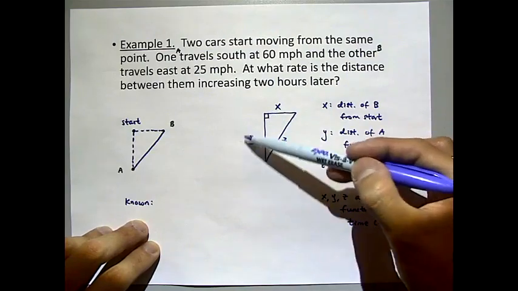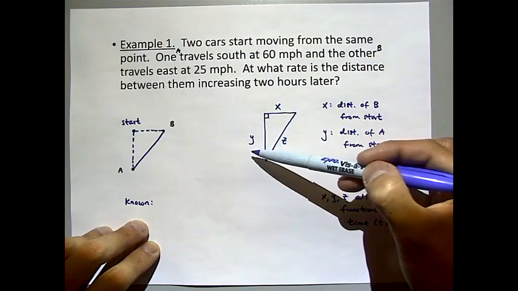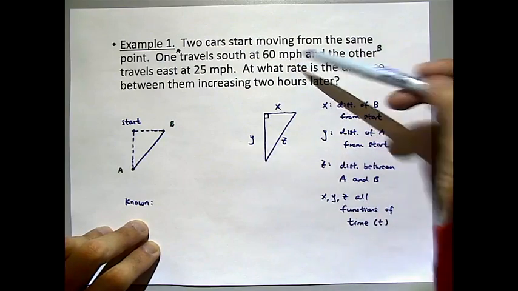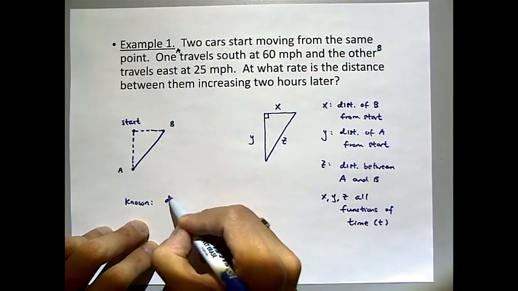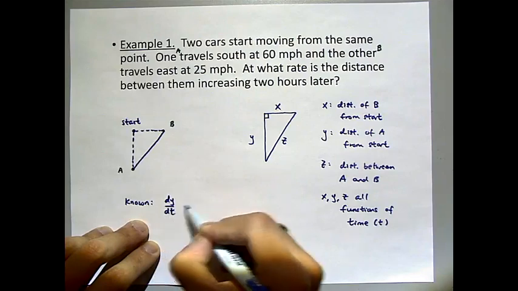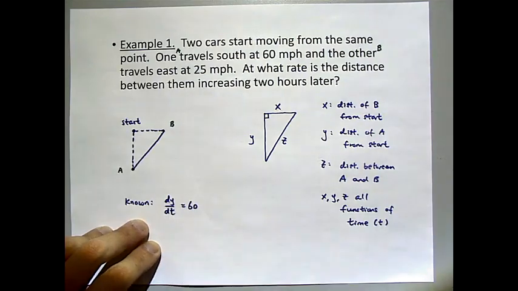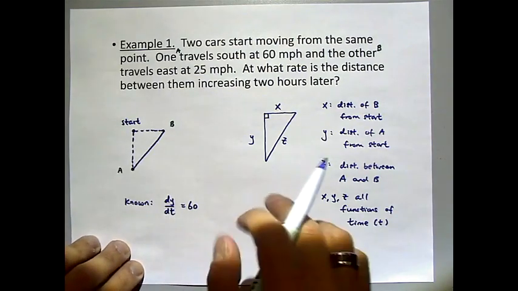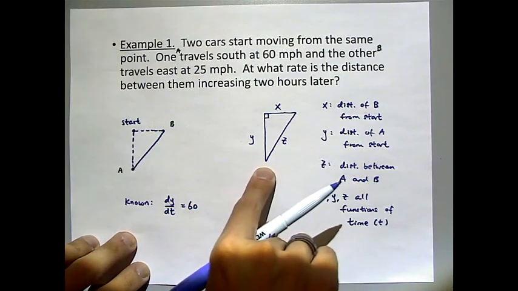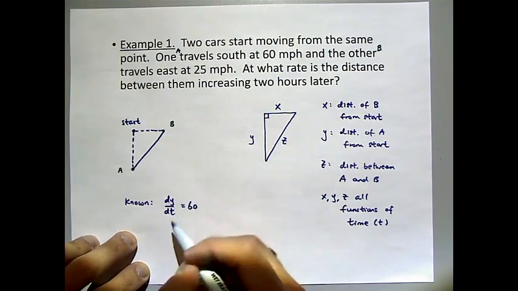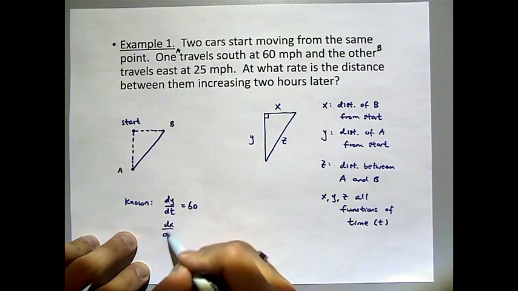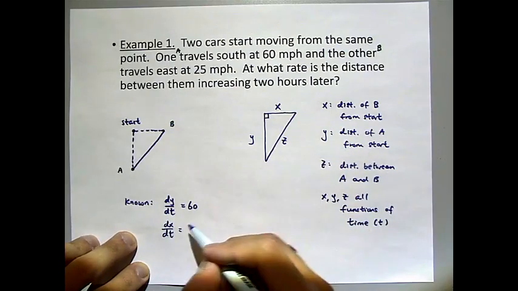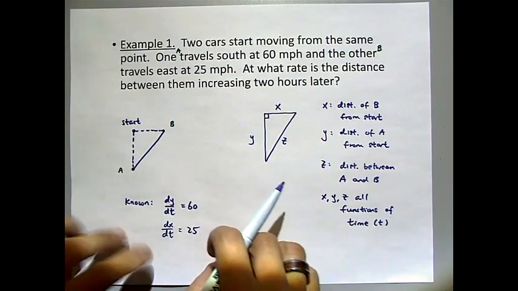That means that the rate of change of this quantity y, dy dt, is 60. That's how fast y is changing. There we go. That's the speed of the car that went south, car A. And similarly, dx dt is 25.